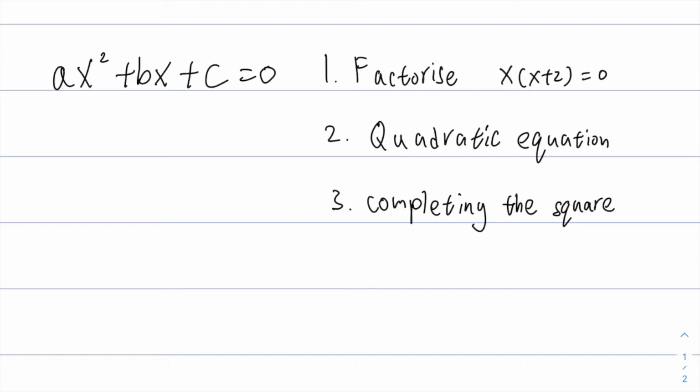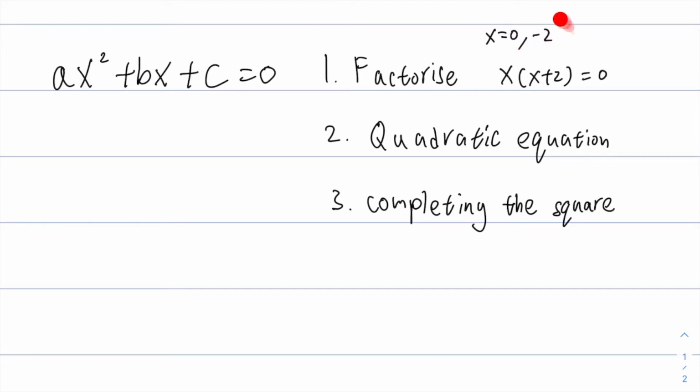When x is equal to 0, the value will be equal to 0 in here. So that would be one of the roots. And when x is equal to -2 in here, the y value will be 0 again. So that's why those two are the roots.